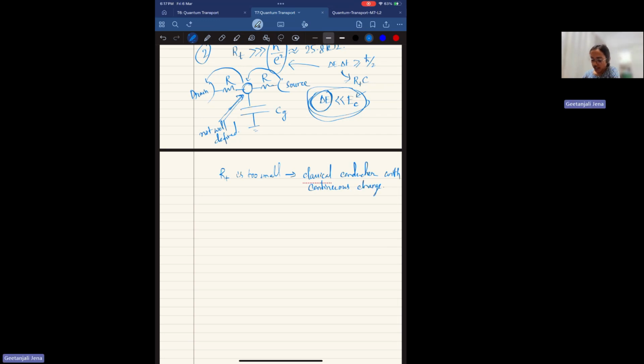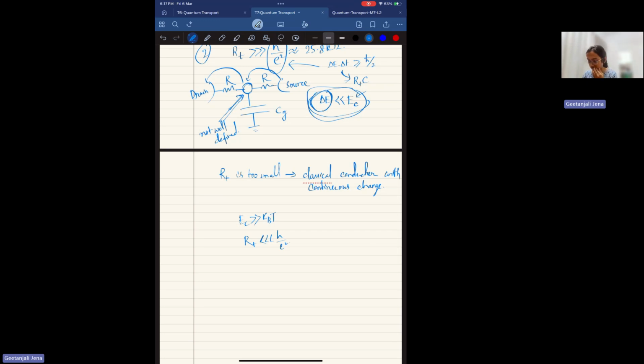So this means without any high tunnel resistance, which is much greater than this quantum resistance, even though the charging energy is much greater than kBT, if the second condition is not satisfied, so if, let's say, it is less than h by e square, in that case the discreteness of this charge will get smeared out, so it will spread out.